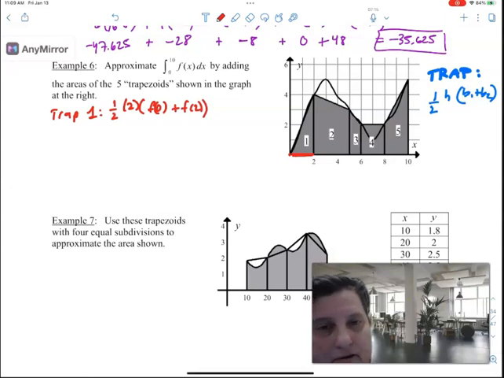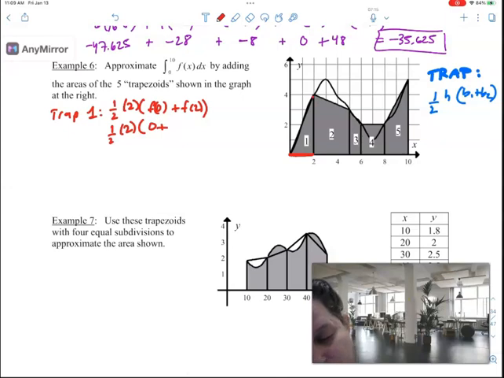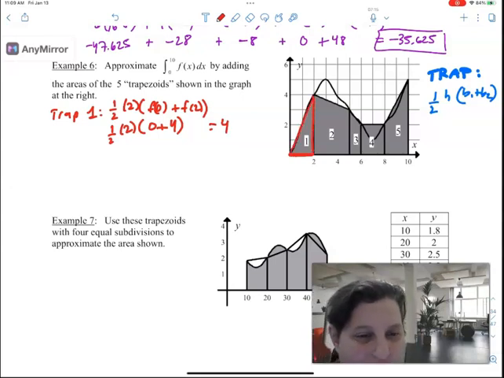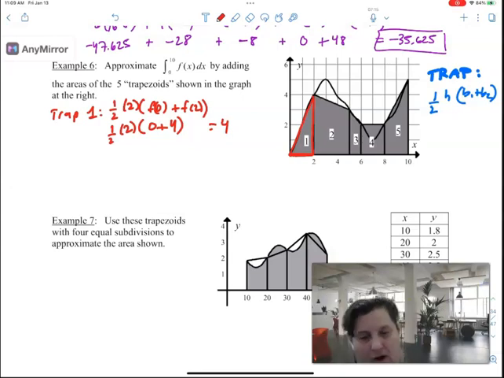All right? Now, I know from looking at this that f of 0 is 0, f of 2 is 4. 1/2 times 2 times that just gives me 4 for this trapezoid right here. All right? Which, again, if you had just done a triangle, we're getting something 1/2 base times height. Okay?